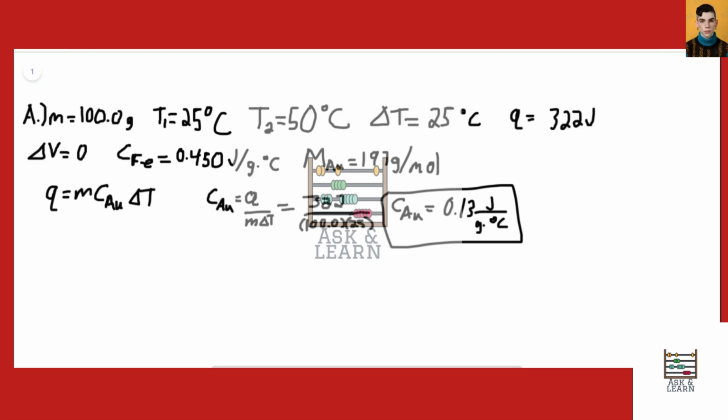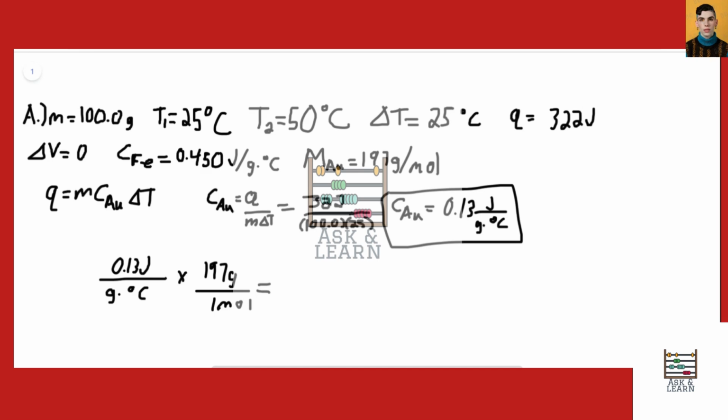Now they want us to find the molar heat capacity. So basically, they want us to convert joules per gram degrees Celsius to joules per mole times degrees Celsius. You can write it like this: joules per gram degrees Celsius times 197 grams per 1 mole.